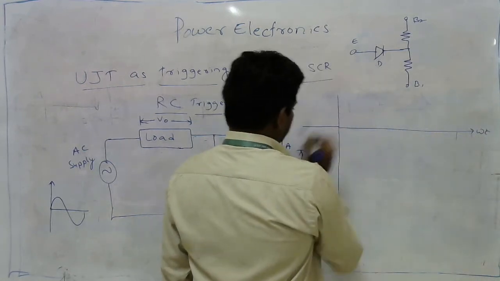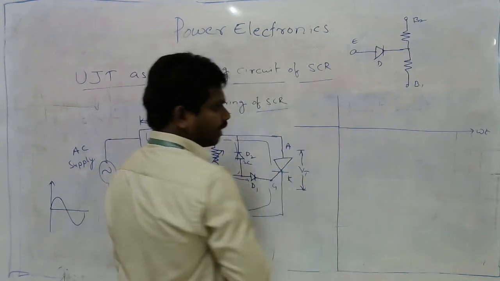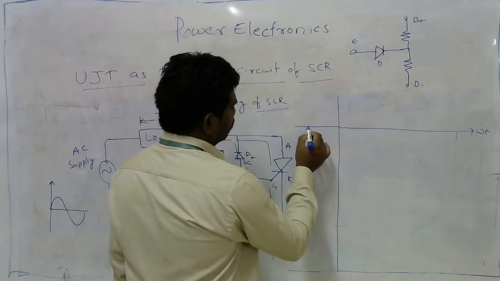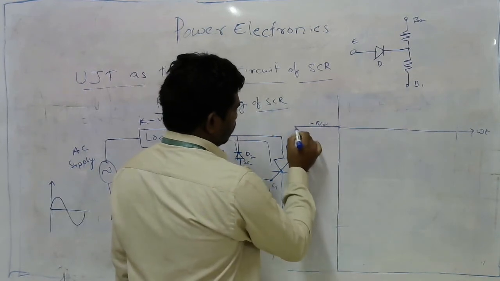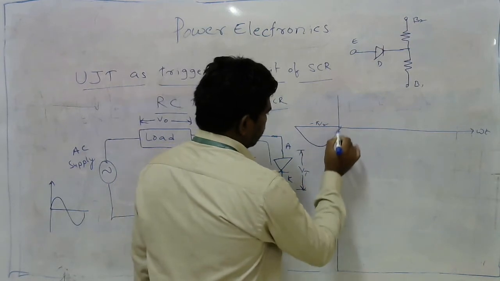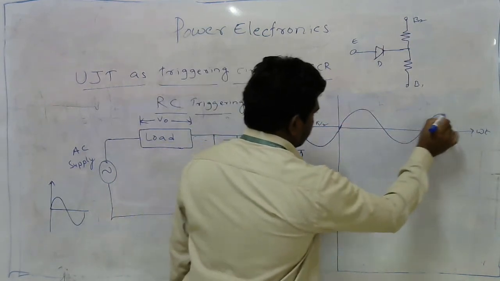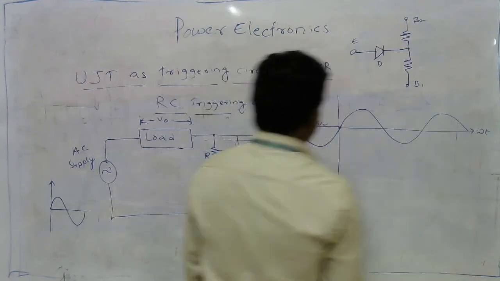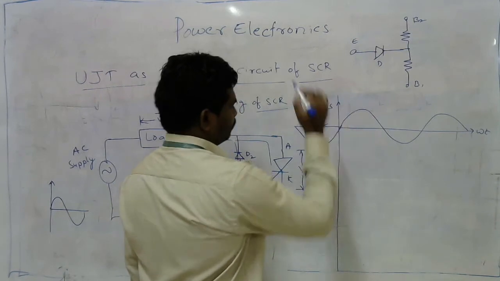I'm extending towards the left side, because I want to take one more negative pulse before this value. This I am calling minus pi by 2, right? During this period. Then this I am calling my input.